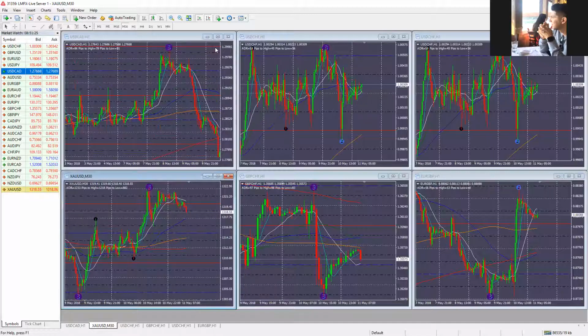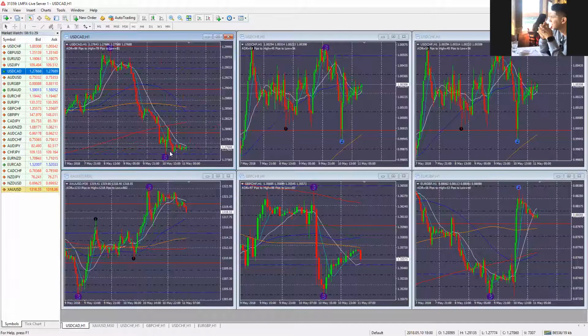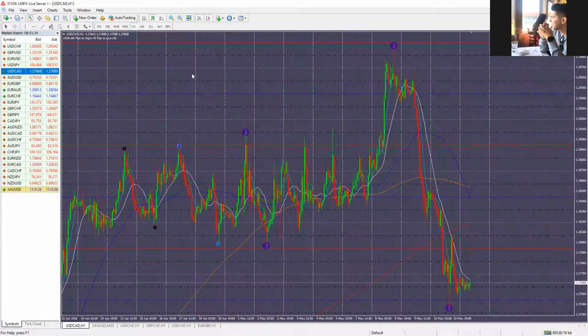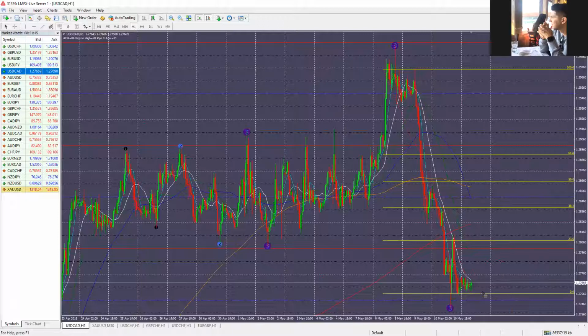I'll go on USD CAD. We can see right now it's off of a support, so we might be noticing a reversal happening soon. We can also see the 3 happening at the bottom. So I think it's going to overall do its retest if I put this support level.